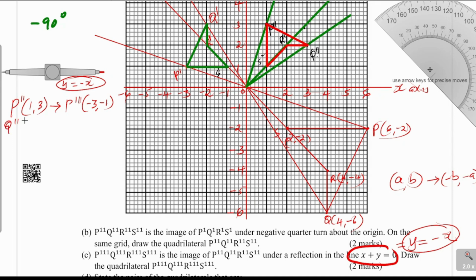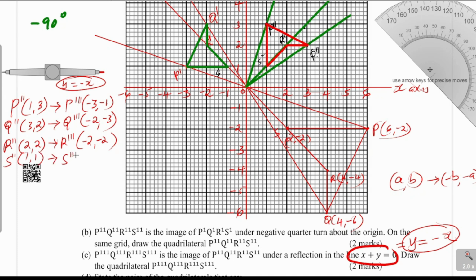Then Q2 is (3, 2), so Q3 will therefore be (negative 2, negative 3). Then R2 is (2, 2), so the image will be (negative 2, negative 2). And then S2 is (1, 1), so S3 will be (negative 1, negative 1).